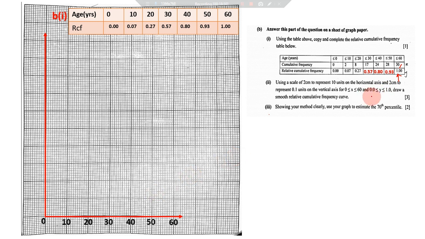We are going for the Y axis. So we're starting again from 0. Then they're telling us we need to use 0.1 in each and every 2 centimeter box. As we keep on moving, just like we are adding a 10, now we are going to be adding a 0.1 every time we make a 2 centimeter step in the Y axis.